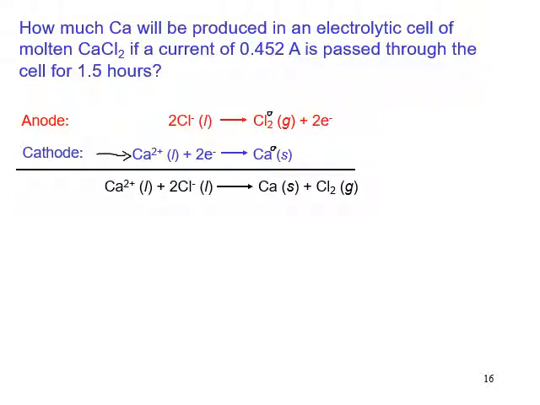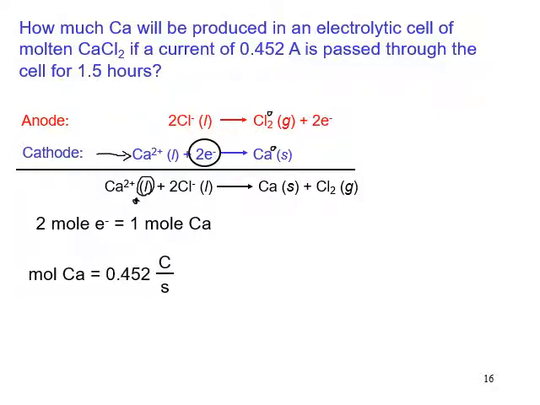The overall reaction for this electrolysis is calcium chloride. Now this is wrong. This should be aqueous, don't you think? Oh, no, it shouldn't. It's liquid. My bad, because it's molten. So for every 2 electrons that run, 1 mole of calcium will be produced. So let's use our electrochemical data here, or our charge data.